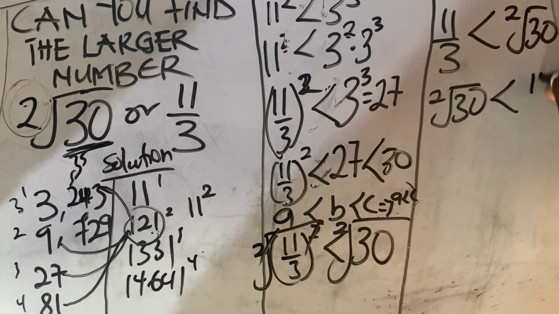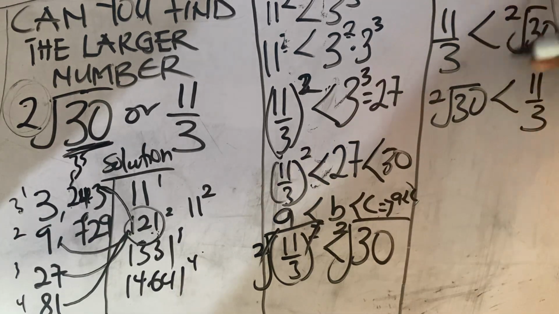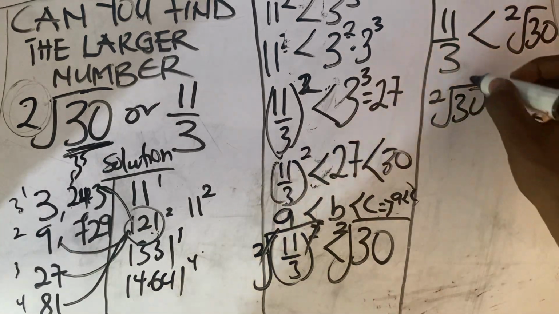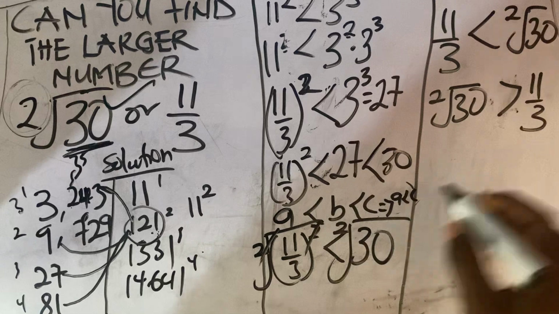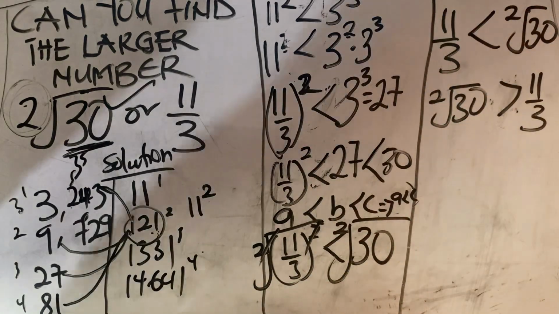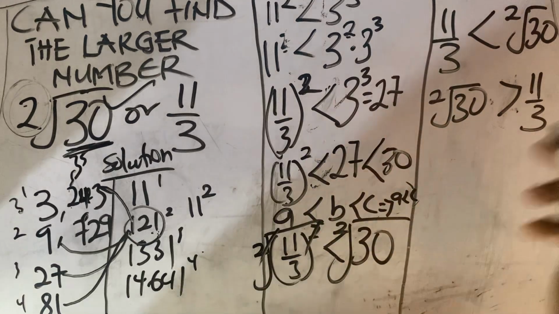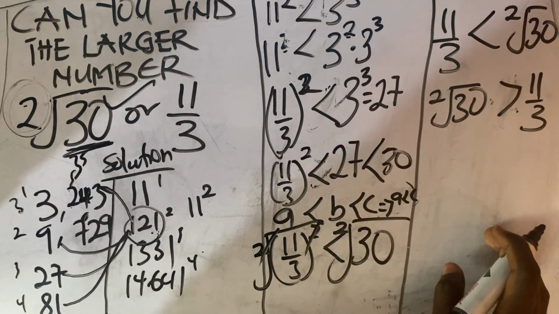So realize that the sign here is going to change to this direction, and therefore we have this number here to be greater. So we have our square root of 30 to be greater than 11 over 3 in this case.